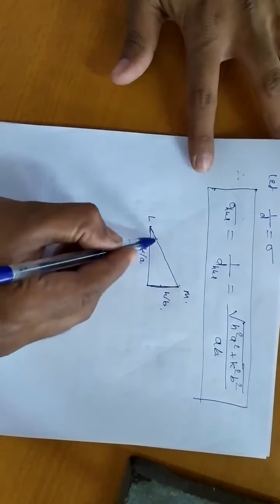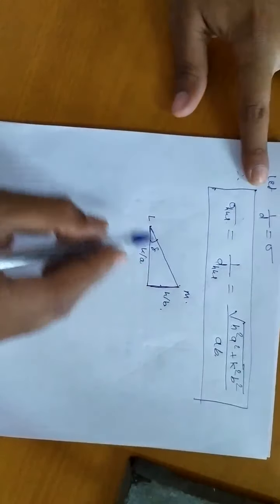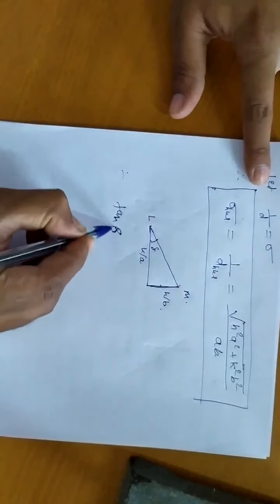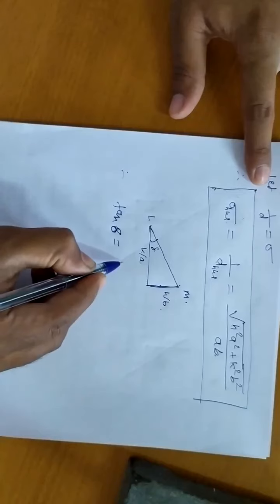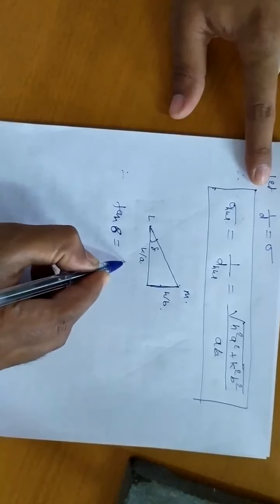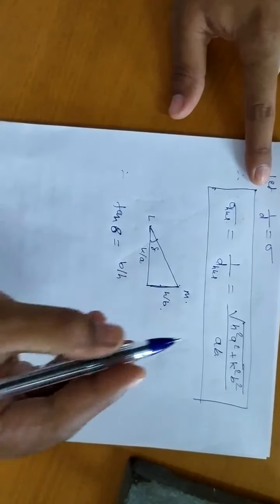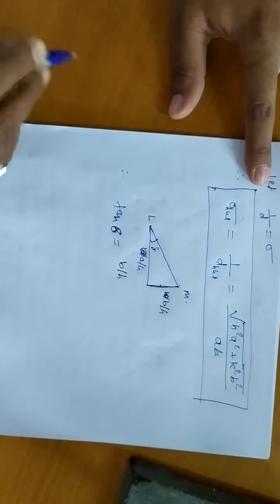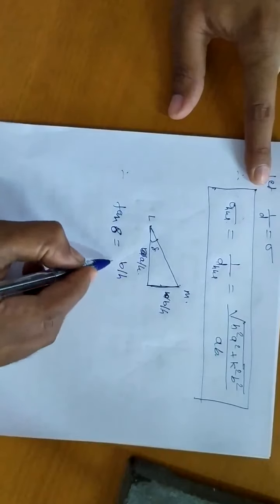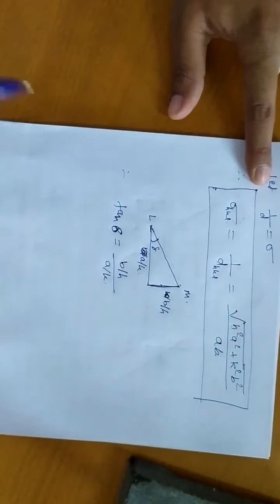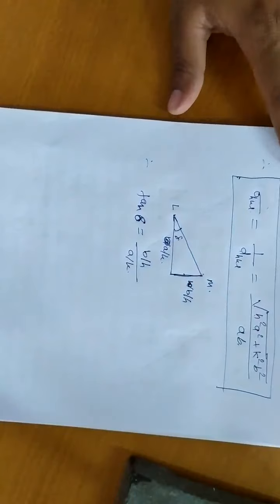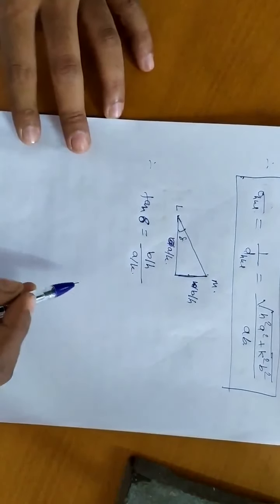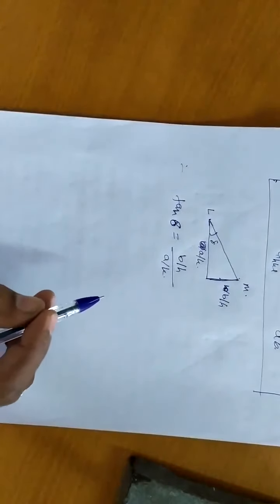Suppose this is the angle, suppose delta. Therefore from this triangle tan delta must be equal to b upon h, and this must be a upon k. That is tan delta equal to opposite side upon adjacent side, that is b upon h upon a upon k.